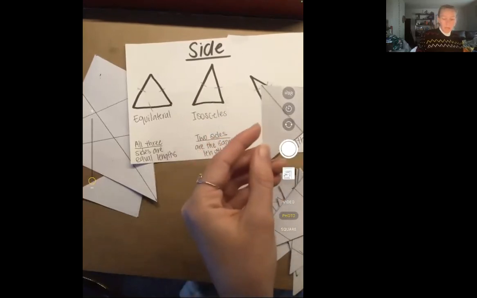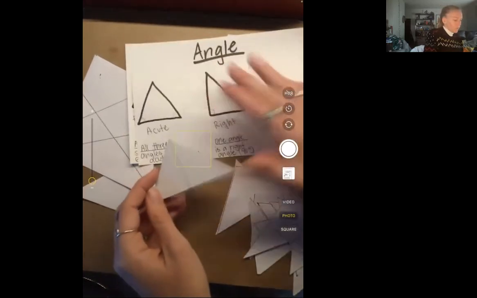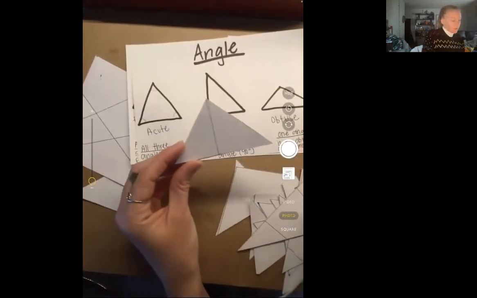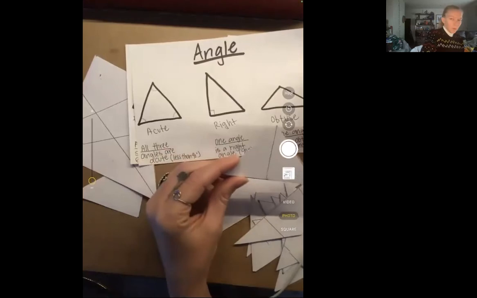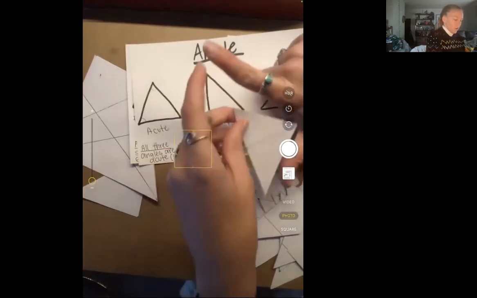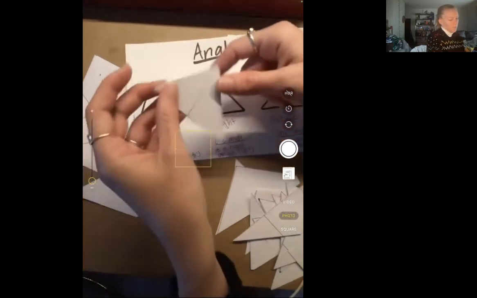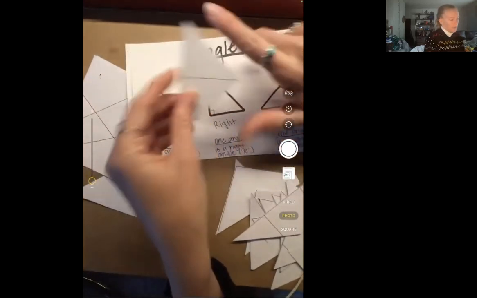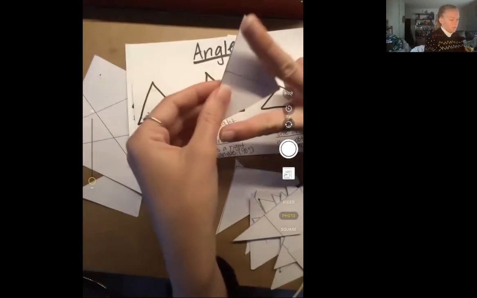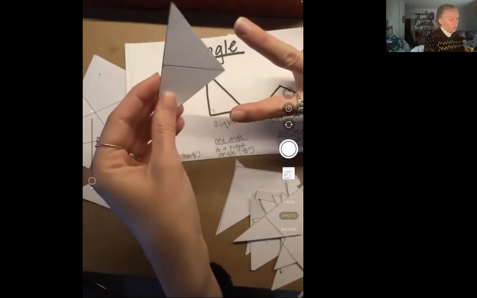Oh, let's look at our angles too before we move on. So remember our thing. Is it this length? Not quite. Let's see. Oh, it looks a little bit bigger.